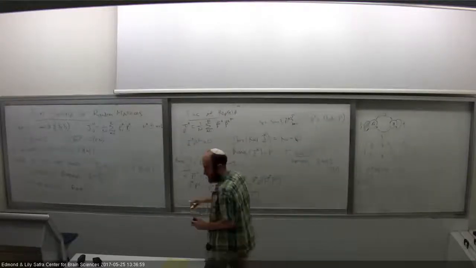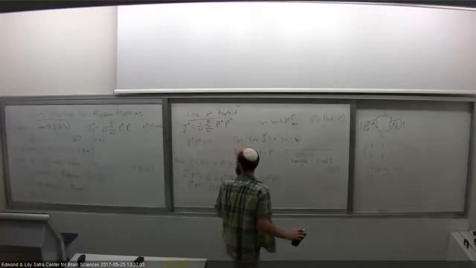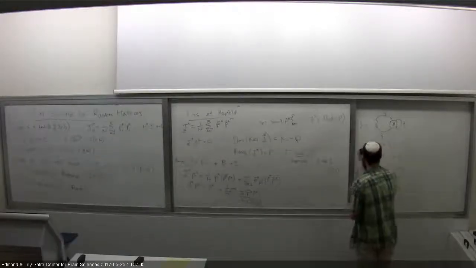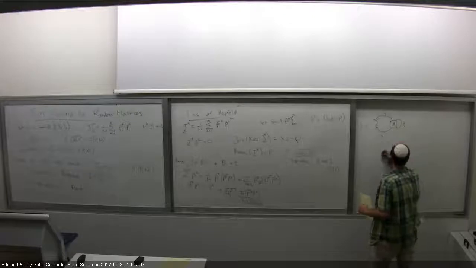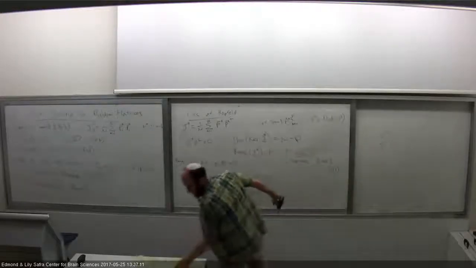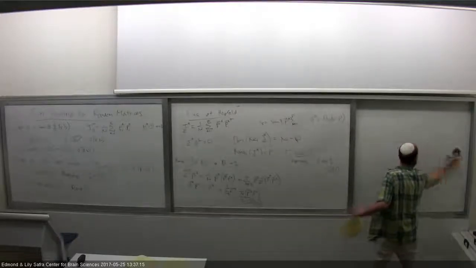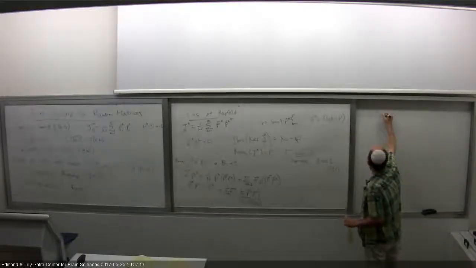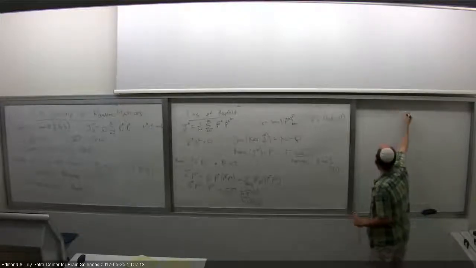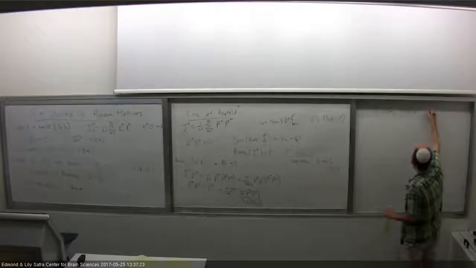Now, what about our random matrix? So this gets us into the theory.